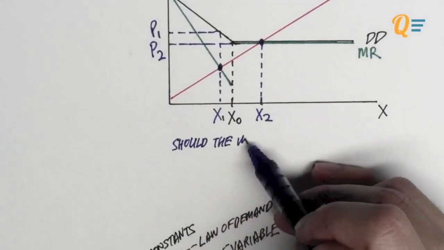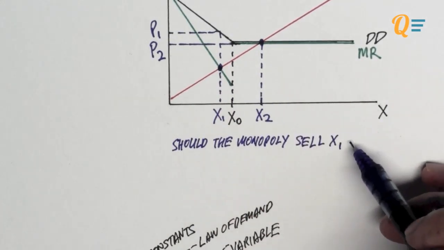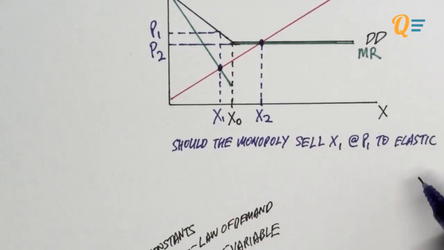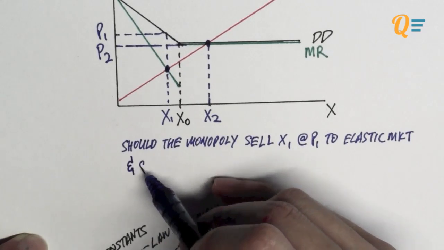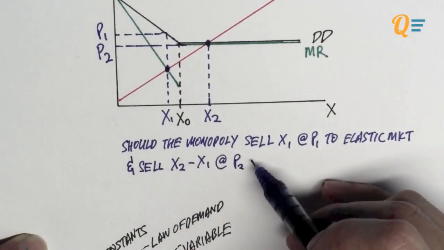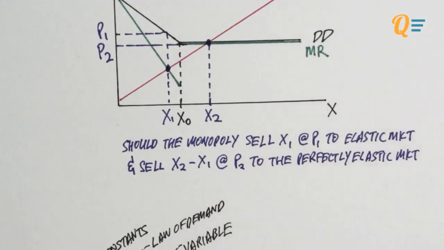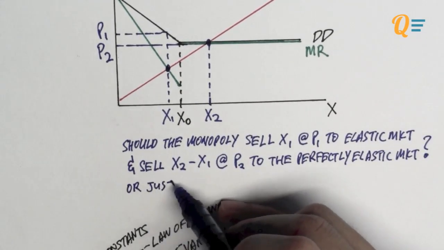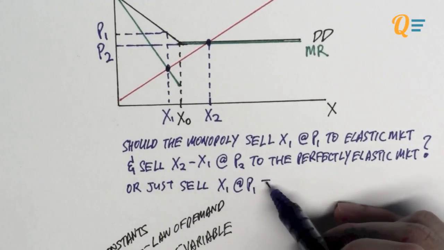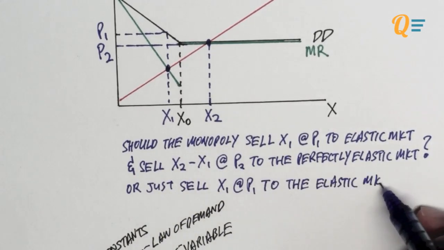So the question is this: should the monopoly sell X1 at P1 to the elastic market and at the same time sell X2 minus X1 at the price of P2 to the perfectly elastic market? Or should the monopoly just sell X1 at the price of P1 to the elastic market?